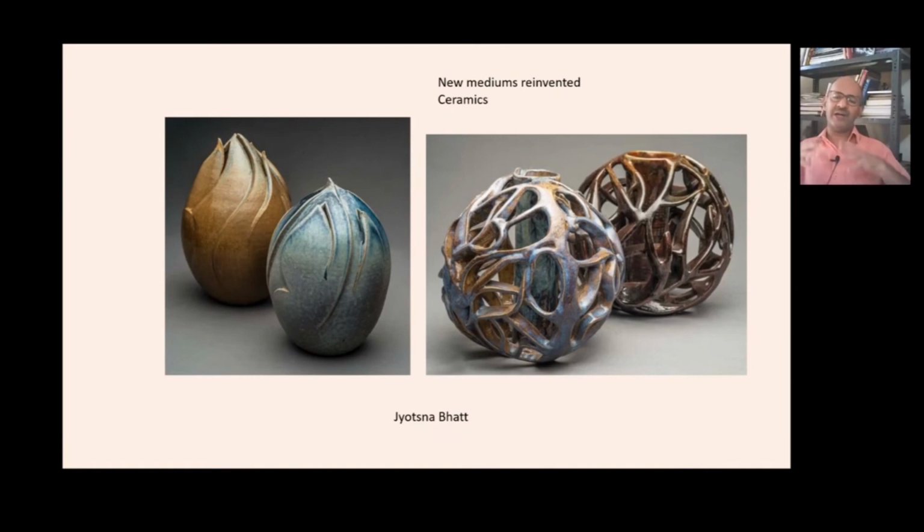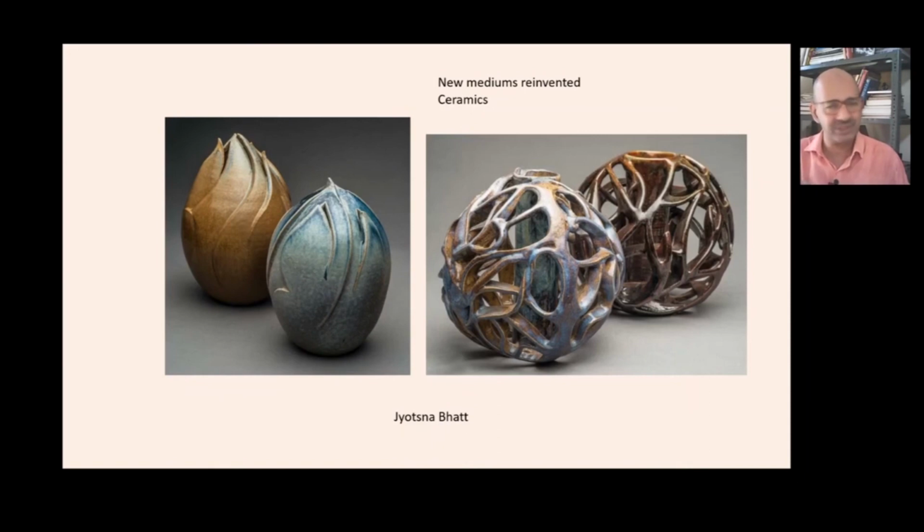Now, when we look at the different art and artists during this period, that is in post-independent India from the 1950s, as I have already mentioned, certain new mediums are being introduced. For example, ceramic.